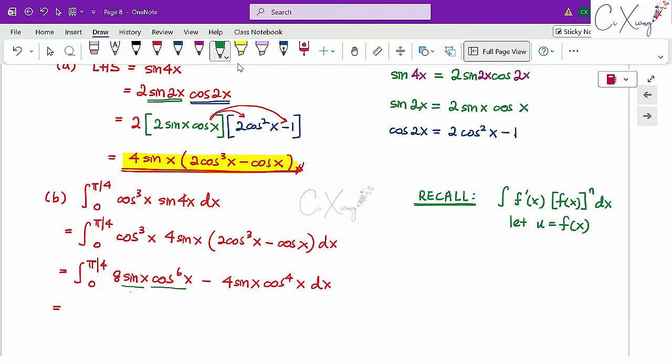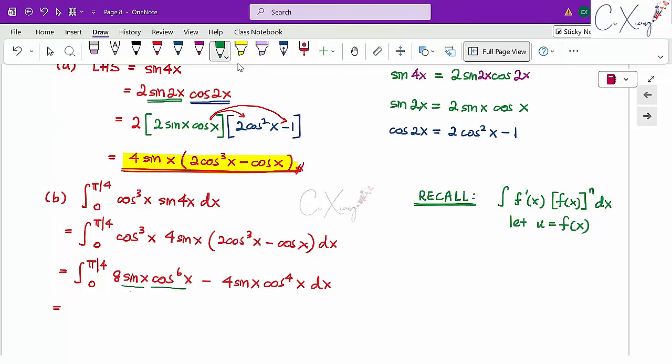So this is a technique. For integration by substitution, in previous years, most of the time the question will directly give you the substitution that you need to use. But I realized that in these two series, there's one question where students need to know how to use the suitable substitution by themselves.